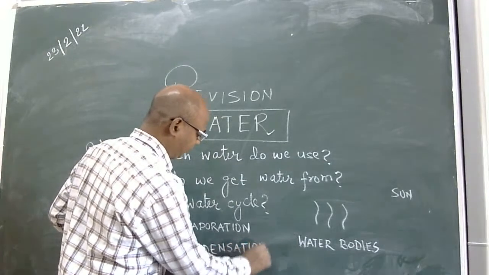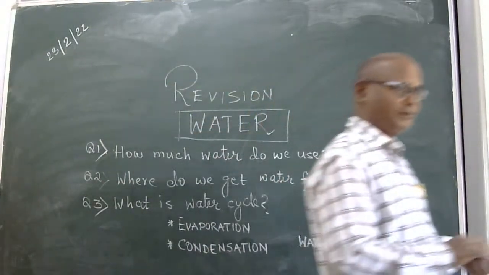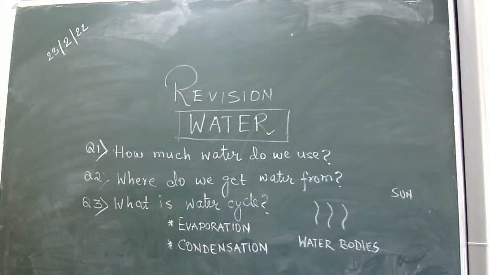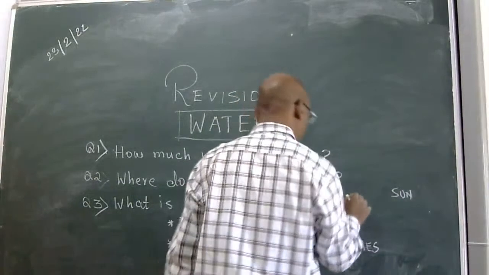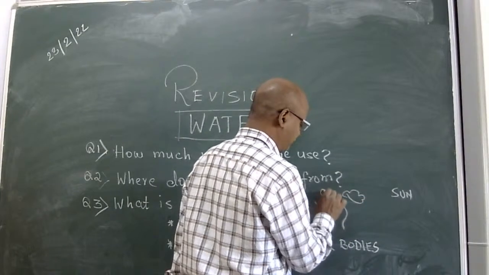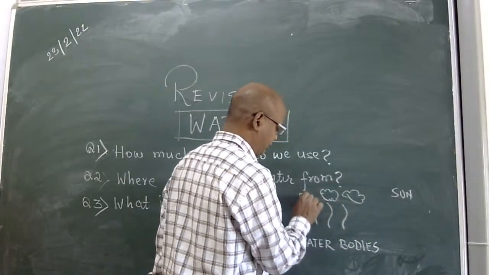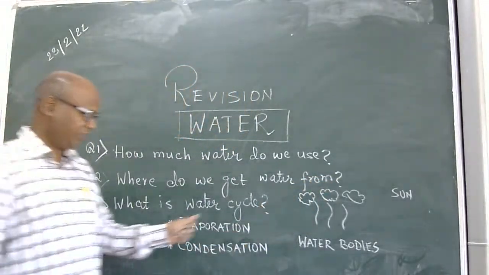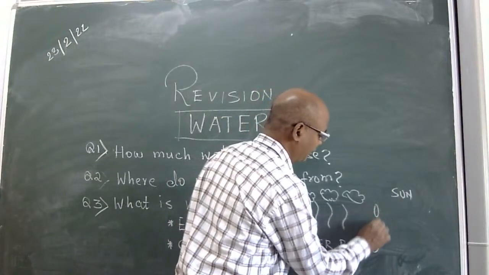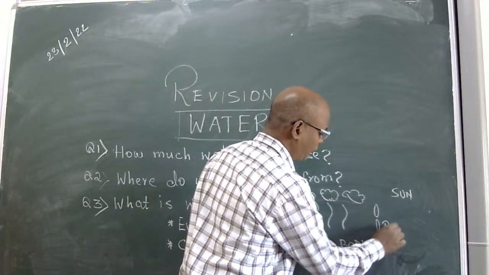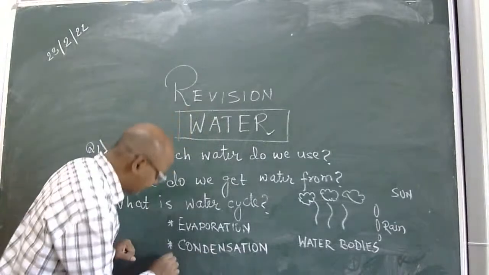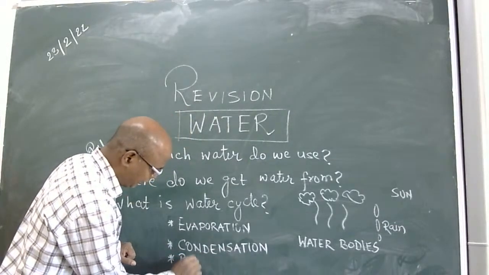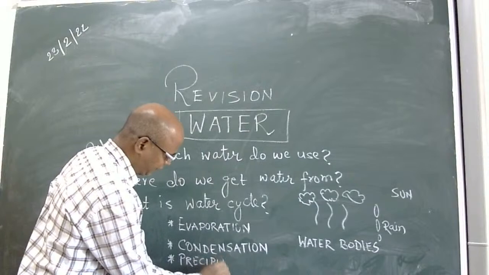Now you know that the groups of such droplets formed by condensation, we call them cloud. So cloud formation takes place due to condensation. And when these droplets become heavy, they fall down in the form of rain, and that is called precipitation.